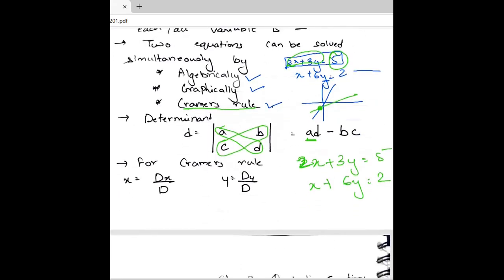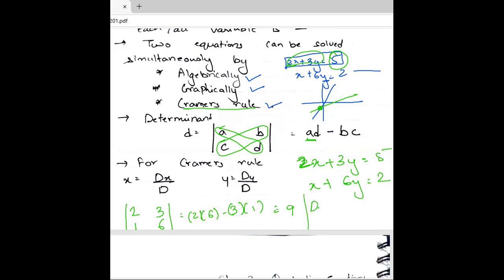The value of D would be the determinant of the coefficients of x and y, that is 2, 3, 1, and 6. So in Cramer's rule we do 2 into 6 minus 3 into 1. Whatever value you get over here, you would get 9. That is the value of D.